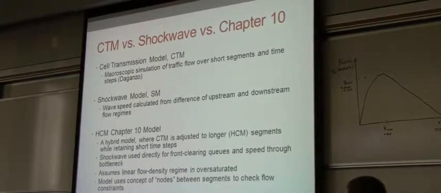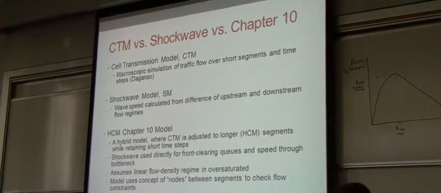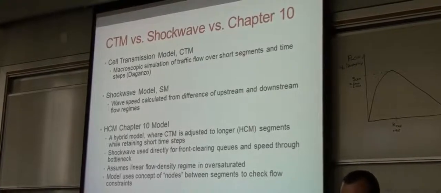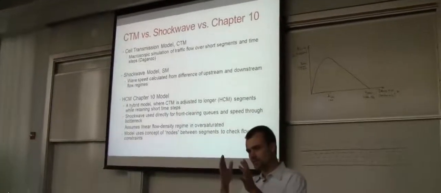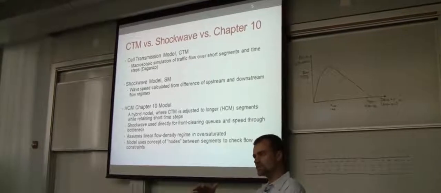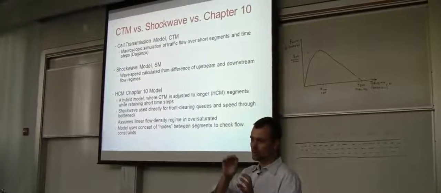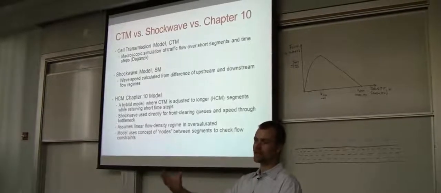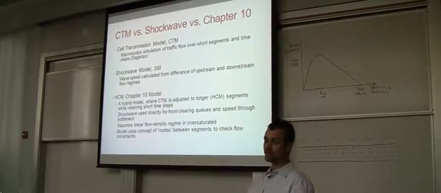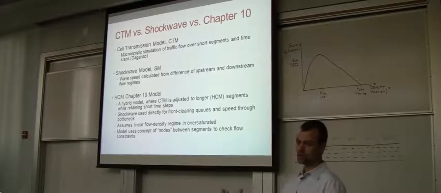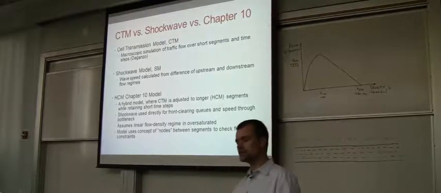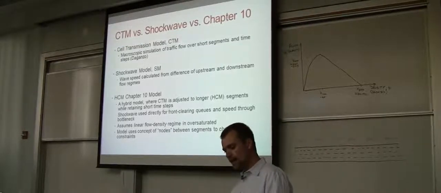Daganzo introduced basically this macroscopic simulation model sometime in the mid-90s that takes a facility and divides it into short segments and into short time steps, and then models on a macroscopic level flow moving from one cell into the next cell. And that flow is limited by certain flow constraints, which we'll go into a good amount of detail on in a second.